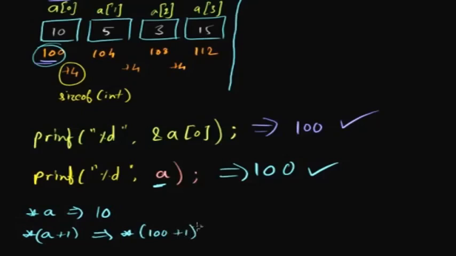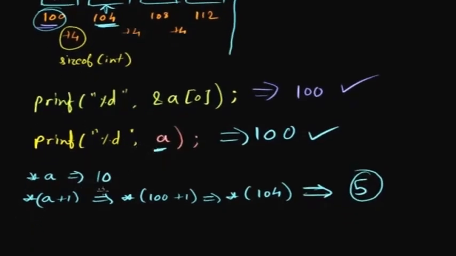Now we have studied pointer arithmetic in our previous lectures. When I increment an integer pointer by 1, it will be incremented by the size of that integer. So 100 plus 1 will give me 104, the pointer to the next integer. So plus 1 means next integer, plus 2 means next of next integer. So this will give me 104, and the value at 104 is 5.